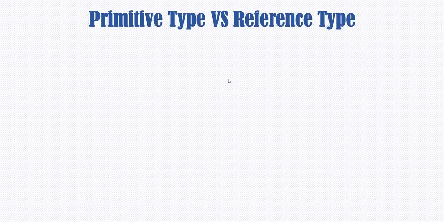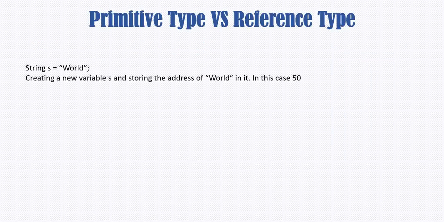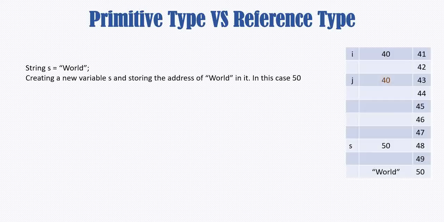Now let's take a look at the difference in the reference type. If we go back, we can see it says String s equals "world" and String t equals s. The first part is String s equals "world". Here we are creating a new variable s and storing the address of world in it. In this case it's going to be 50.